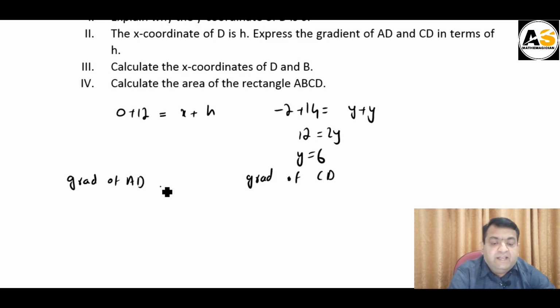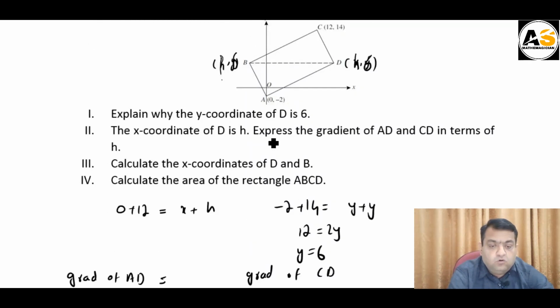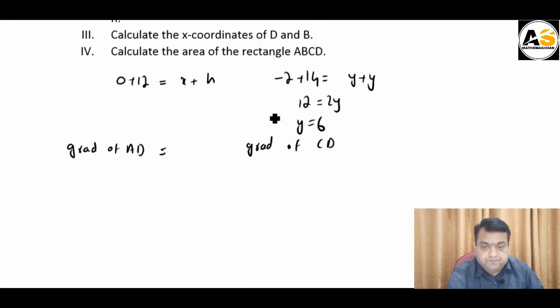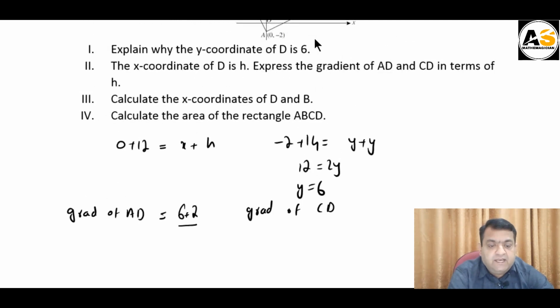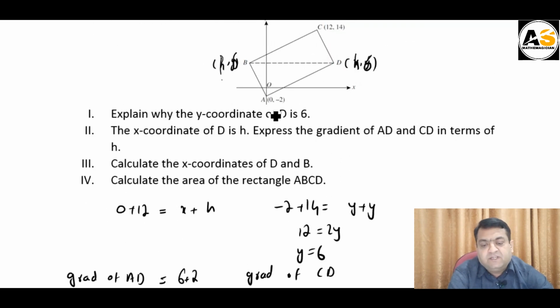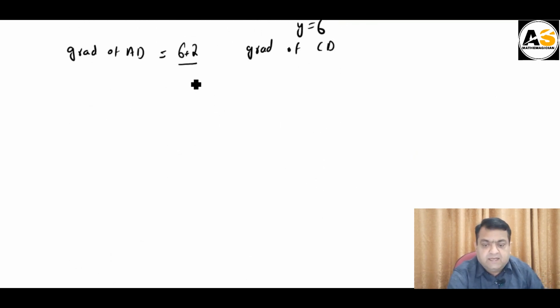Student, gradient of AD will be equal to, look over here, y2 minus y1, 6 plus 2 over x2 minus x1. x2 is h and x1 is 0. h minus 0. This will be h. That is 8 over h. This is gradient of AD.